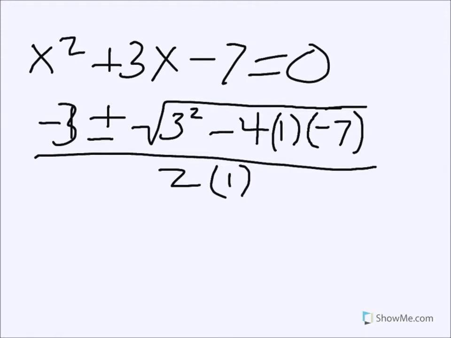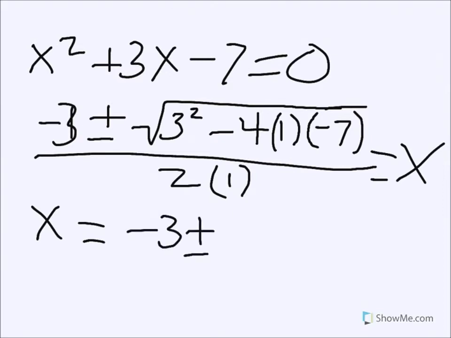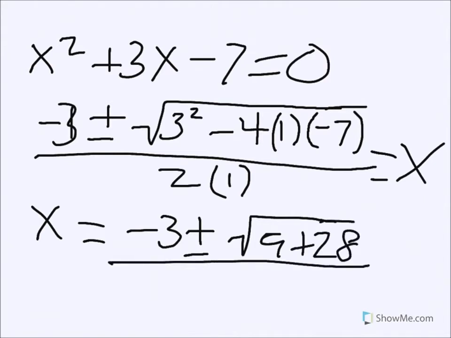So then that comes to, and all of that equals x. And so then that comes to x equals negative 3 plus or minus the square root of 9 plus 28 over 2.